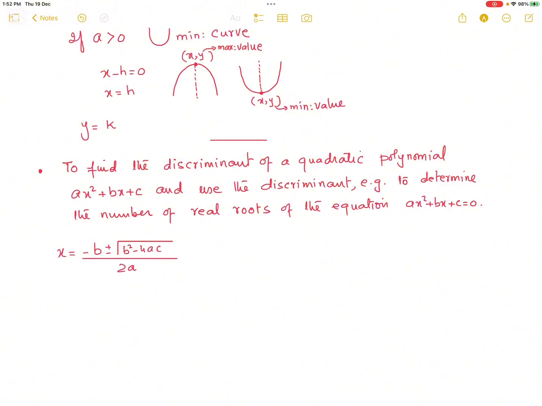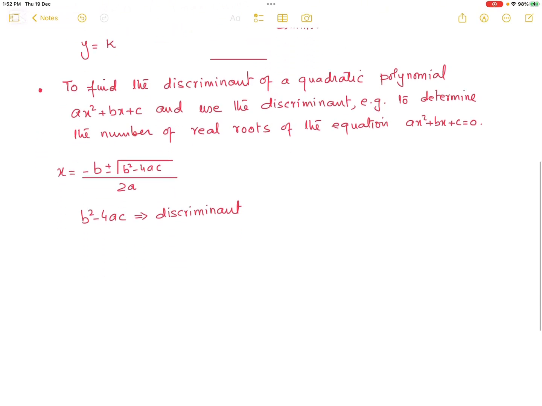So if I pick just b square minus 4ac, this portion is known as the discriminant, and this portion can decide what kind of roots there would be.